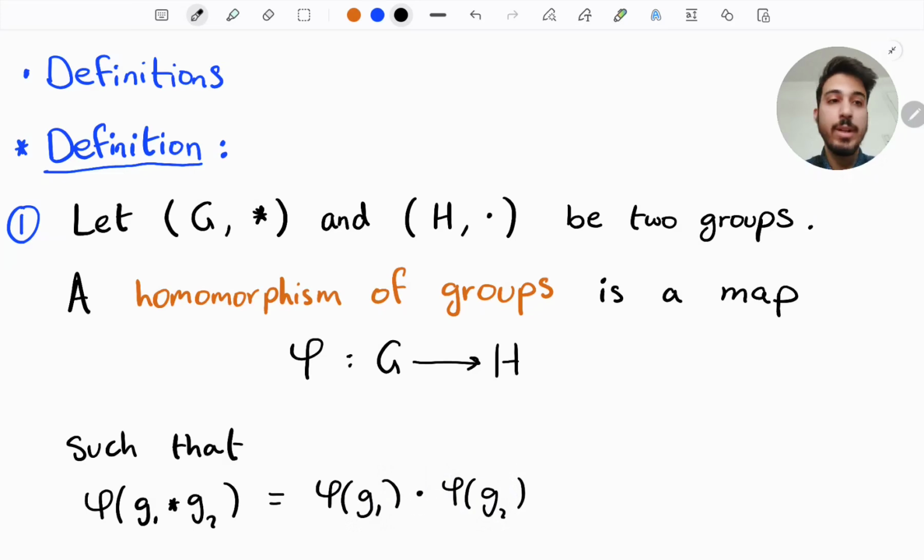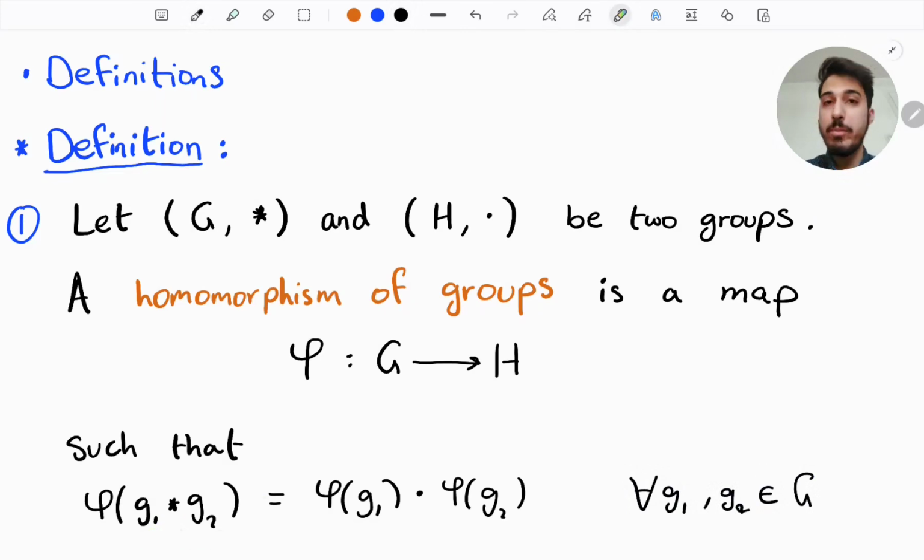Let me write the dot properly. So here g1 and g2 are elements in G. So this is for all g1 and g2 in the group G.